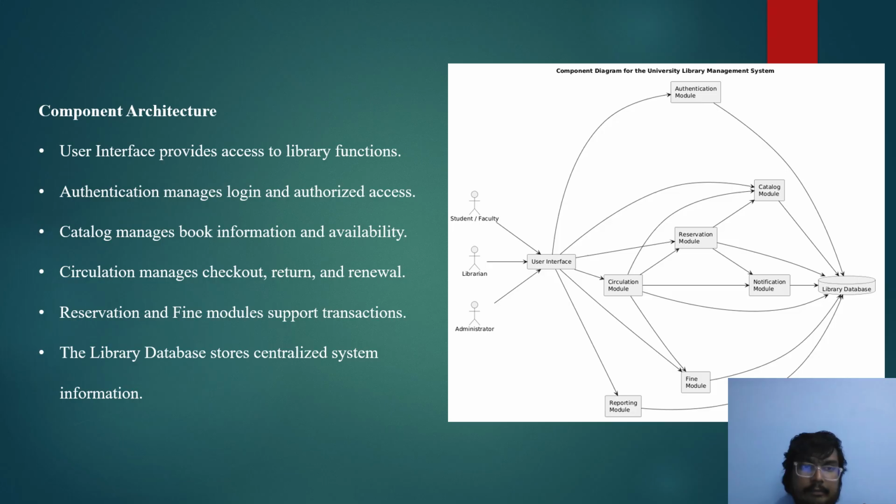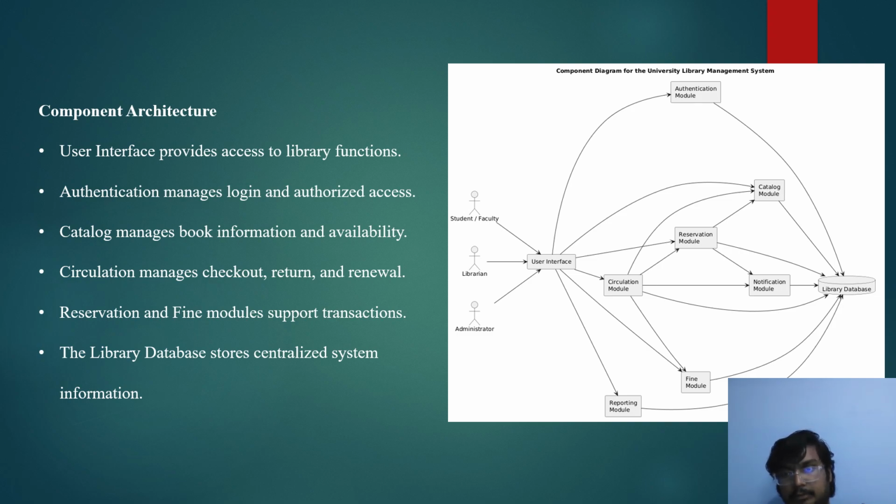After that, we come to the component architecture. The user interface provides access to library functions, as you can see in this diagram. Student or faculty use the user interface, which connects to the authentication module, and it also uses a circulation module, catalog module, reservation module, notification module, and library database.